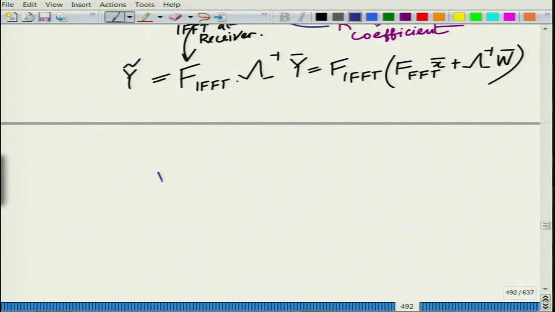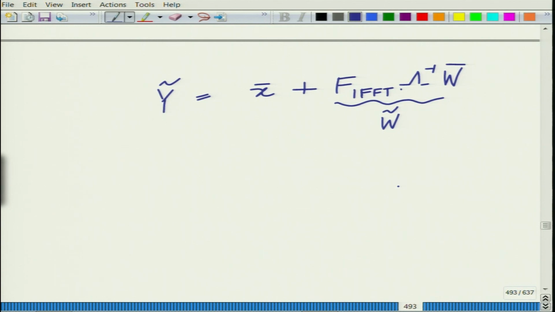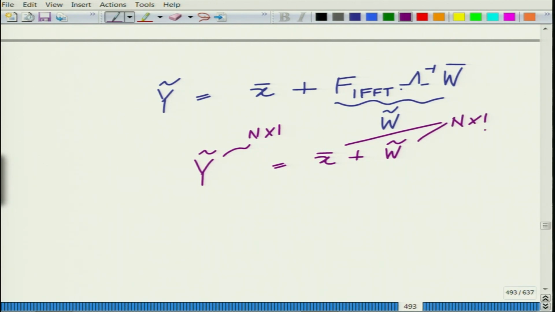Now, you will see that y tilde equals F IFFT times F FFT, which is identity, so that is your x bar, plus F IFFT times lambda inverse capital W bar. Let us call this W tilde. So, after the IFFT you will have y tilde, an N cross 1 vector, equals x bar plus W tilde, where both of these are also N cross 1 vectors.